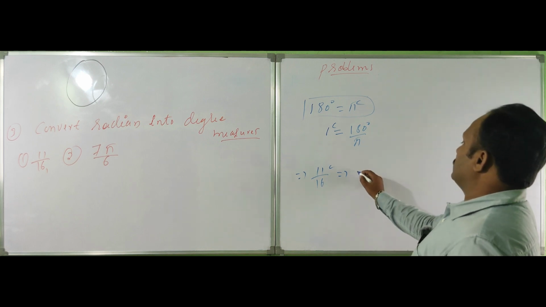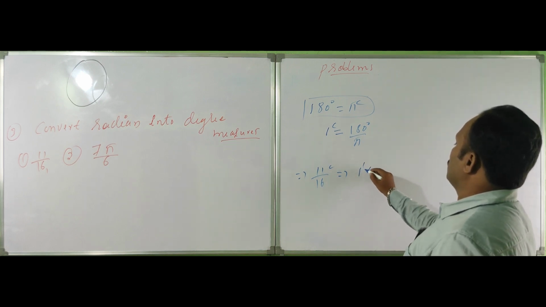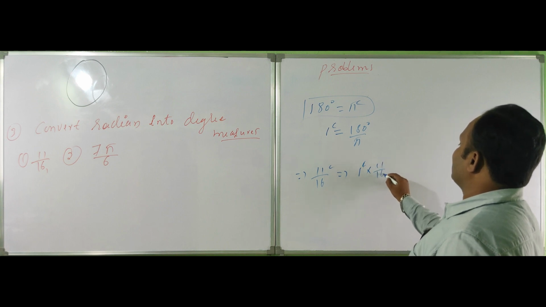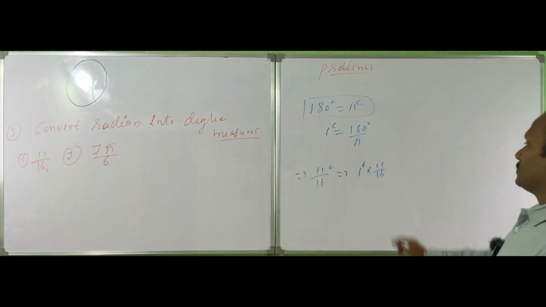I can write 1 radian multiplied by 11/16.